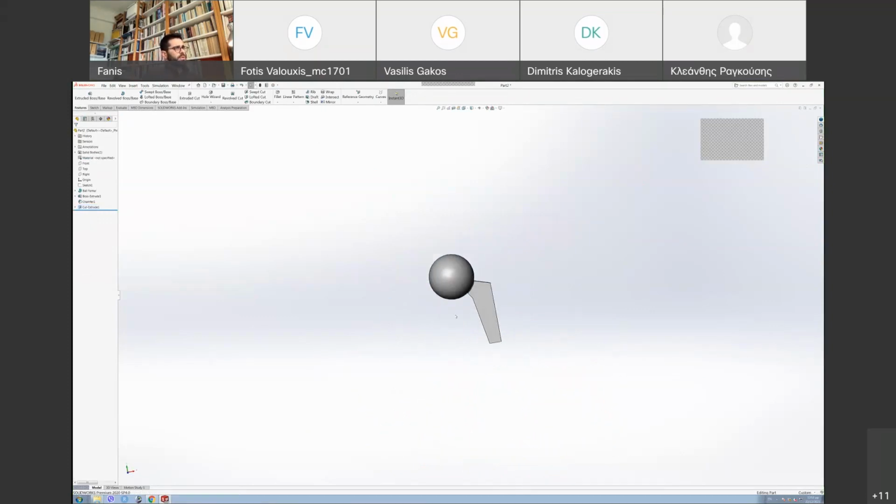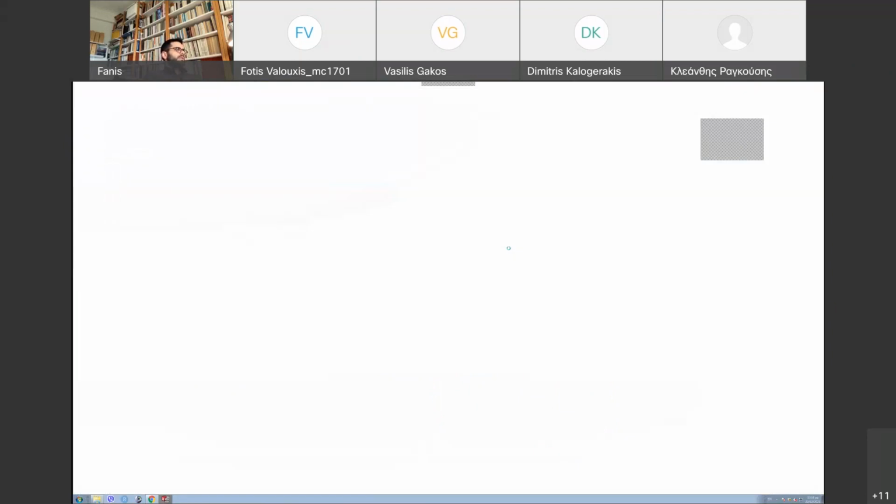In SolidWorks, since I'm showing in SolidWorks, you just go here, you click edit material, hopefully it won't lag too much. Okay, it's lagging, sorry guys.